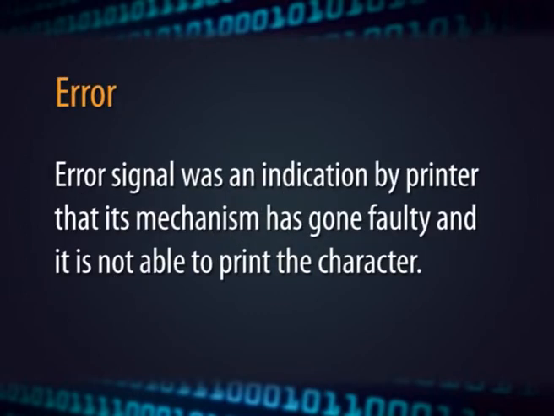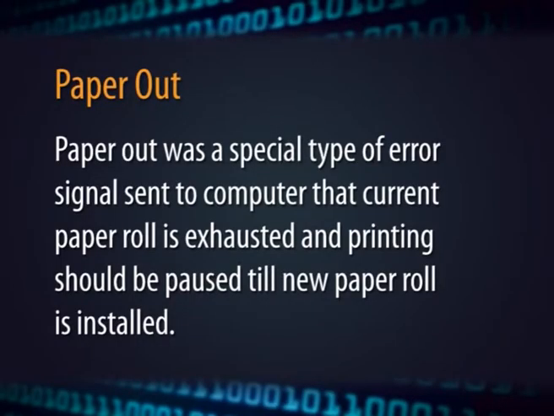Error signal was an indication by the printer that its mechanism has gone faulty and it is not able to print the character. This could happen when the continuous paper roll would get stuck or jammed inside the printer. Paper out was a special type of error signal sent to the computer that the current paper roll is exhausted and printing should be paused till a new paper roll is installed.